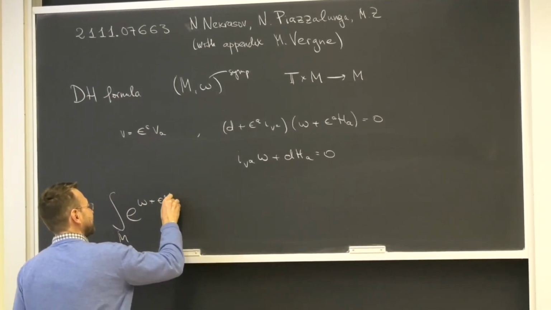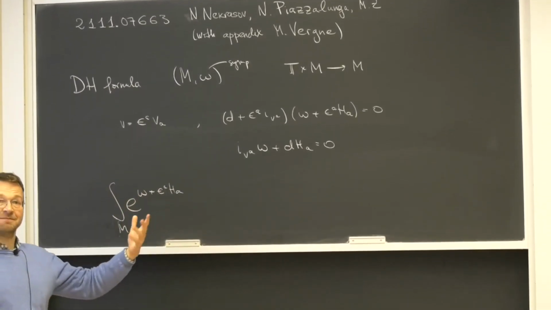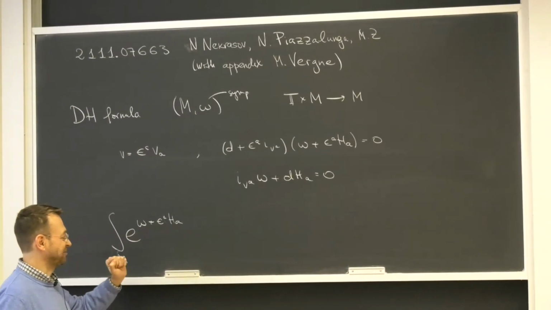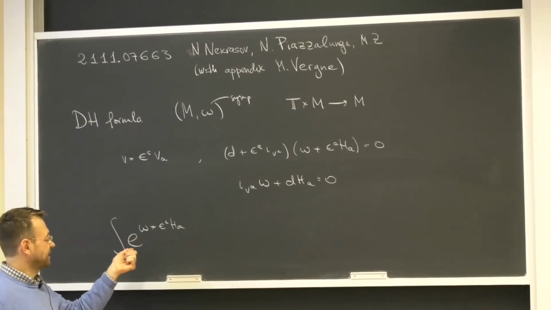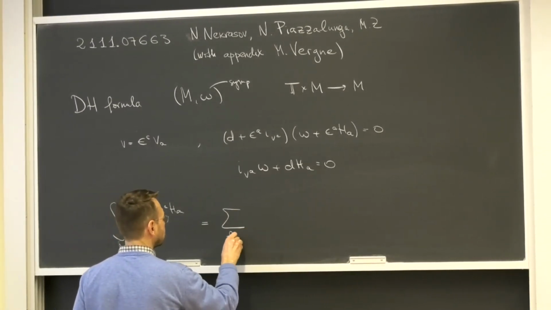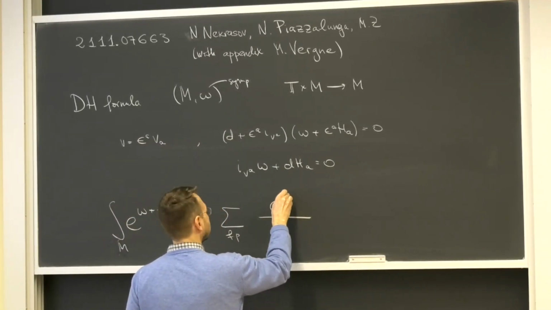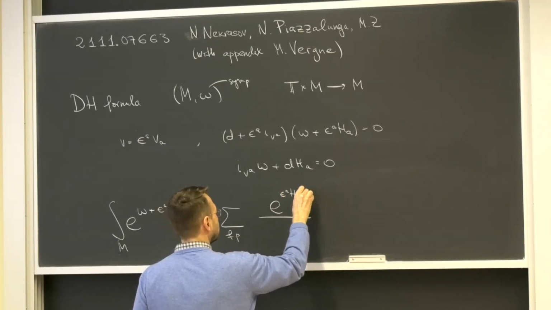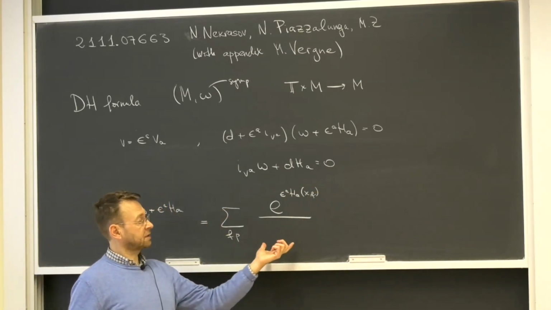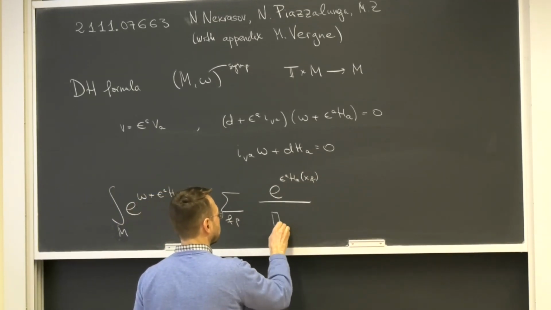Again, for those who are picky, I'm writing things up to 2 pi's, so I'm not writing any 2 pi's. The formula tells us that this would be given by a sum over fixed points. Then I have epsilon_a H_a at the fixed point, and here I have to evaluate the square root of my derivatives. But roughly speaking, this will be some I of the fixed point.